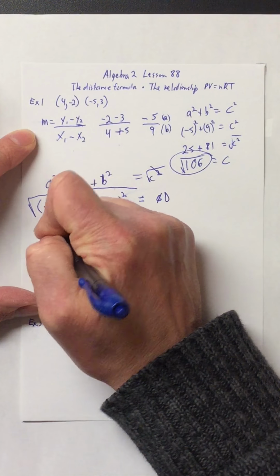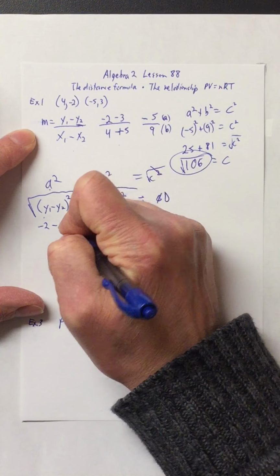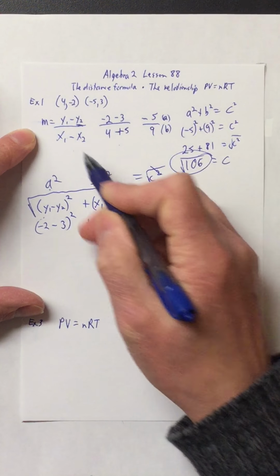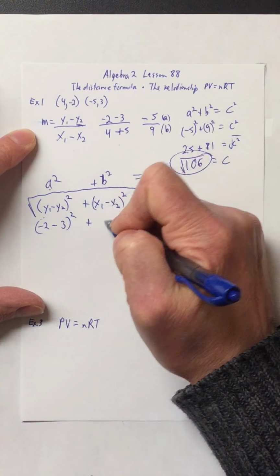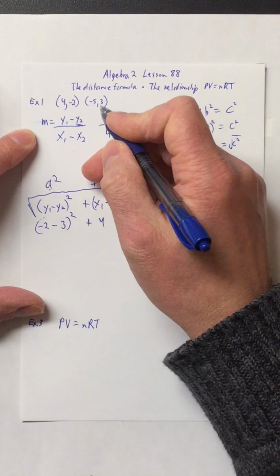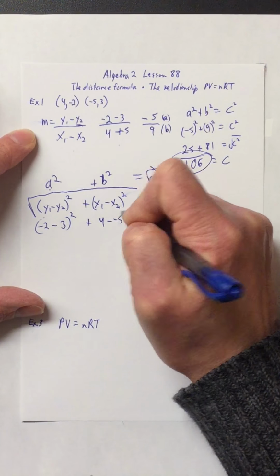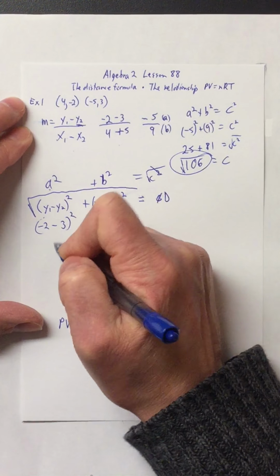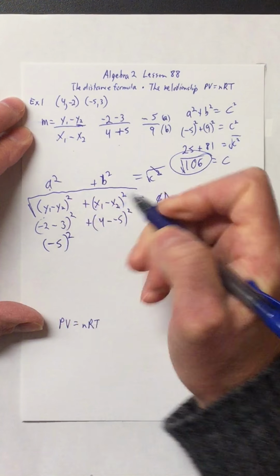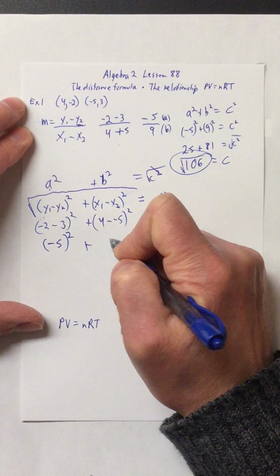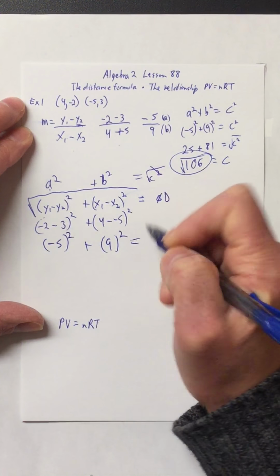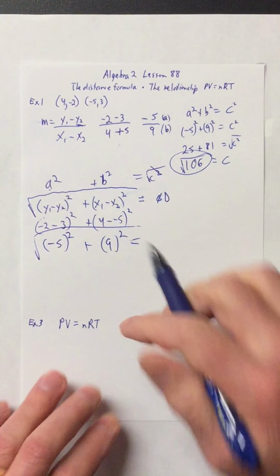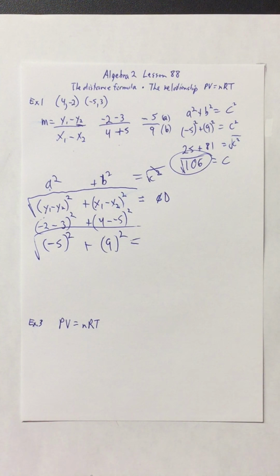My y1 is negative 2, my y2 is 3. So I'll put that in there like that. Plus, and then my x1, which is 4, my second x, negative 5, like that. So if I add these together, I get negative 5 squared here, plus, if I add these together, I get 9, and then that's all under the square root. And you can see I'm doing the same thing, just in one step instead of two.